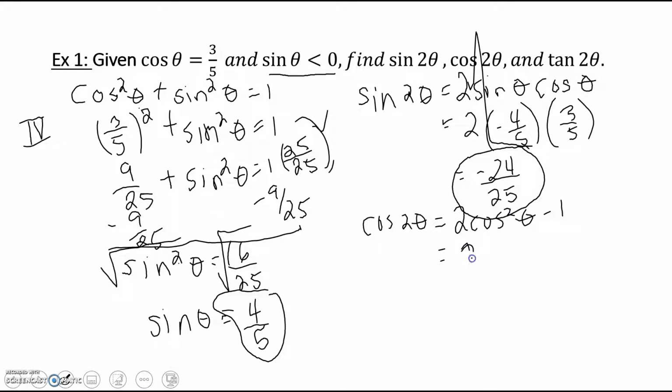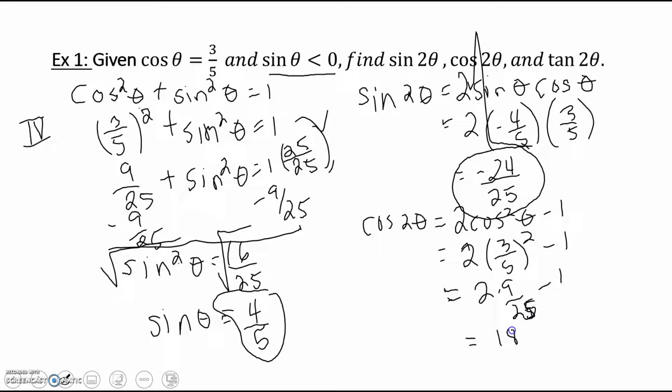We know that cosine is 3/5. So I'm going to replace cosine with 3/5. And that is squared. If I square 3/5, that's 9 over 25. That's a 25 in the denominator. 2 times 9 is 18.